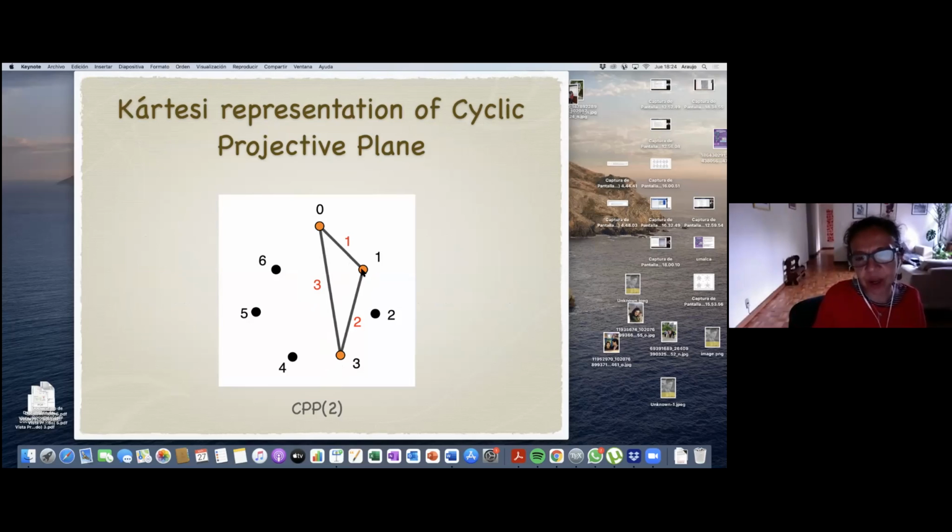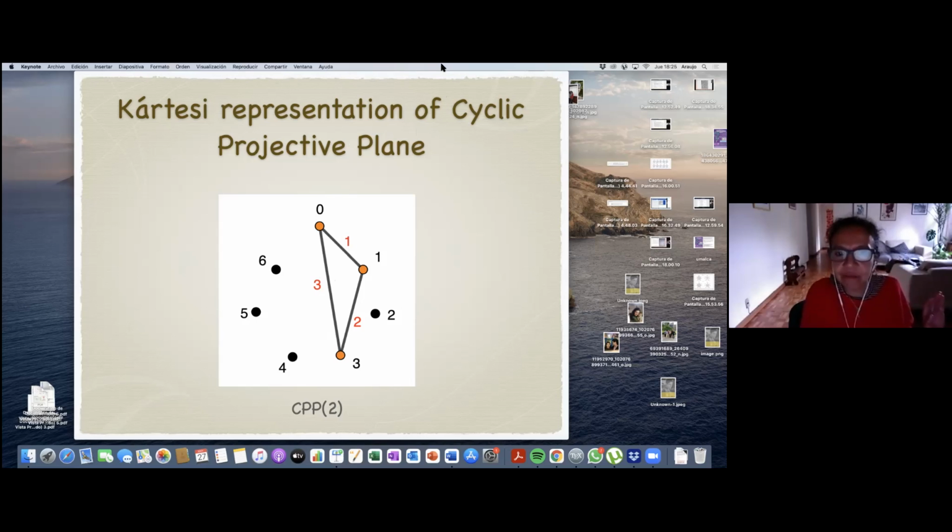For instance, 1 minus 0 is 1, 3 minus 0 is 3, 3 minus 1 is 2. But if you take 0 minus 1, you have minus 1, and minus 1 is 6 in Z_7. And you have 5 here, and you have 4 here. You have all the elements of Z_7, okay?